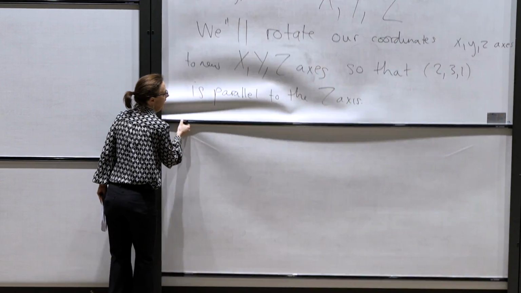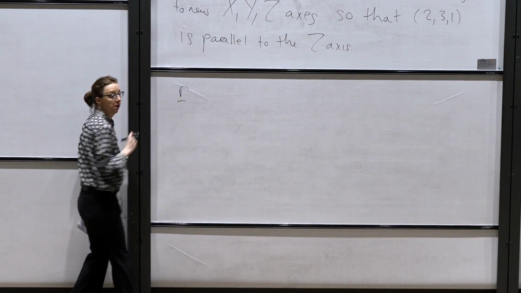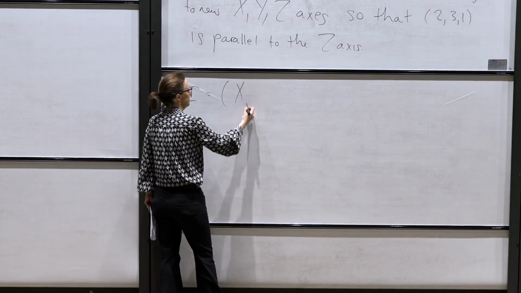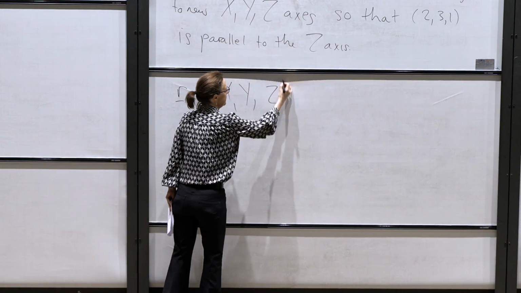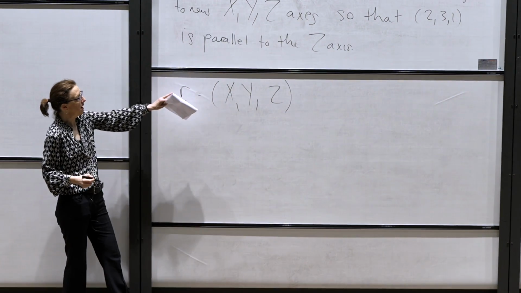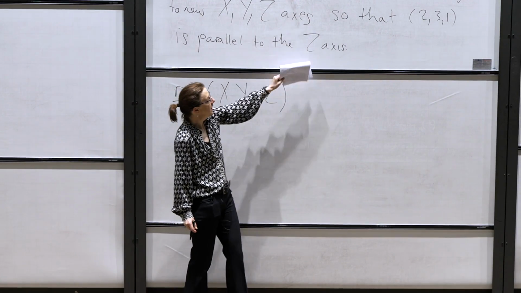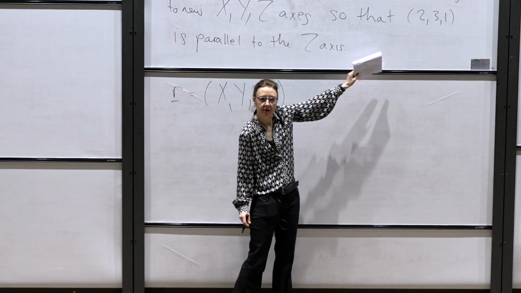Okay, so then if I do that, and now I write my vector r in terms of the new coordinates, big X, big Y, big Z, bear in mind that the new Z coordinate direction is going to be parallel to this vector.